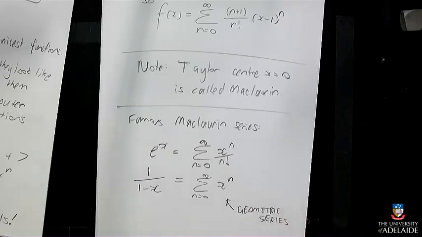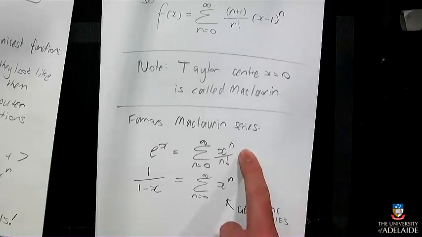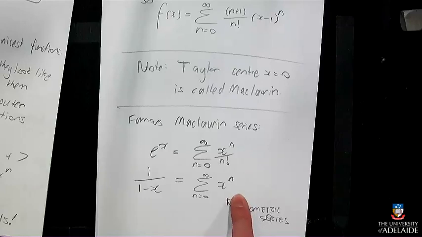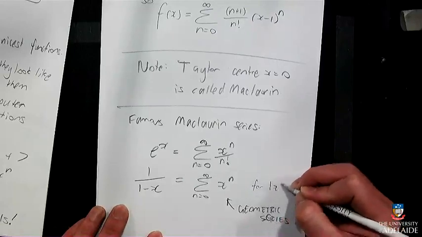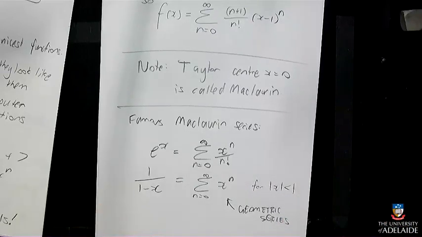So the interesting thing about this is that this one up here works no matter what x is. Like you might have to go a very long way before it's close to the correct answer, but it always works if you go forever. This one will only work if x is less than 1. And that's where we get to this thing about convergence in a second.